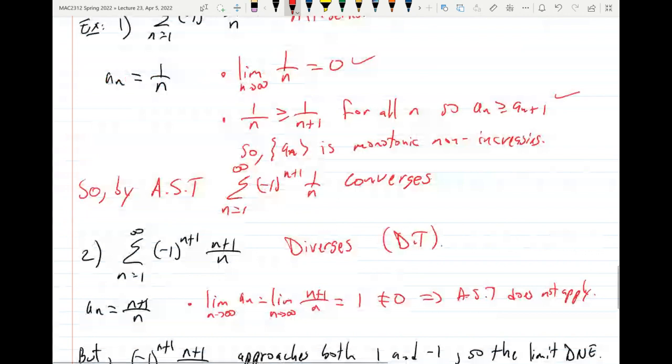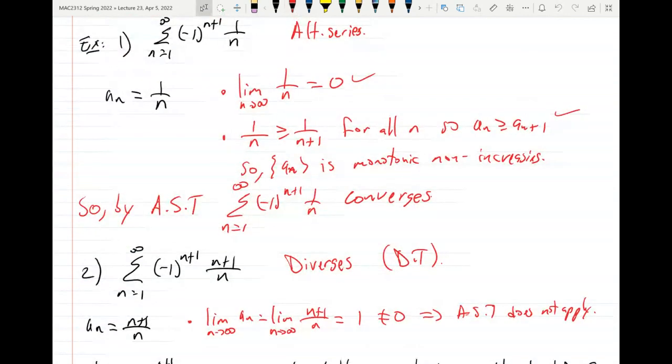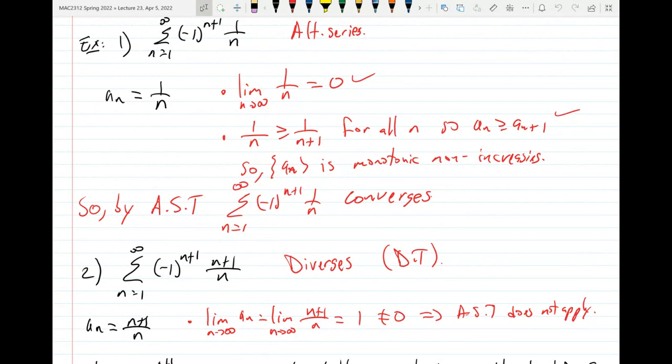Okay? Now, let's look at number 1. I'm going to introduce another notion to you. This series converges, right? Now, what happens if I take absolute value? If I look at the series of absolute values, by taking absolute values of all the terms and making everybody positive, what happens?